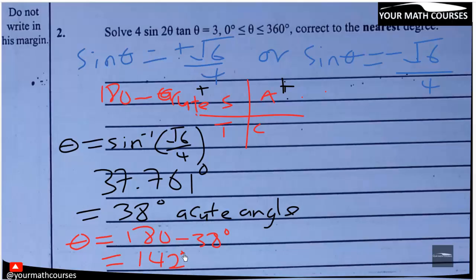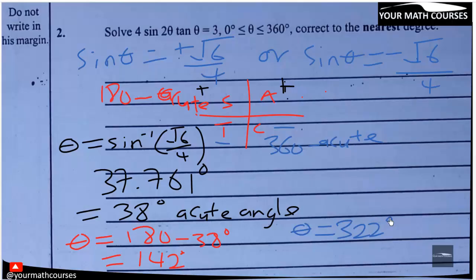With the negative one, theta is in these quadrants. In this quadrant, it is 360 minus the acute angle. So 360 minus 38 should give us 322 degrees.